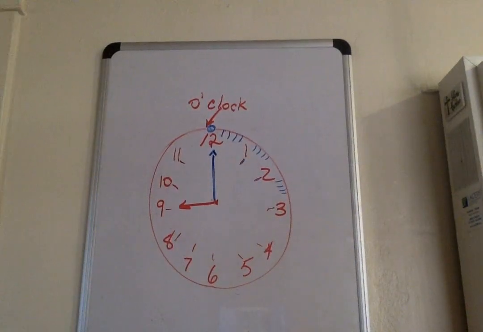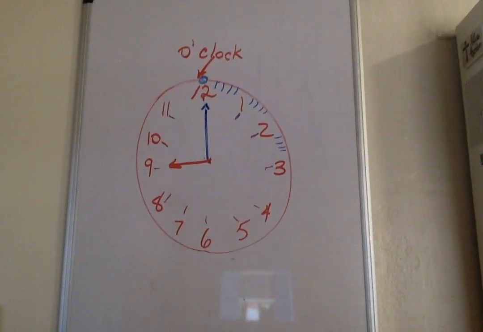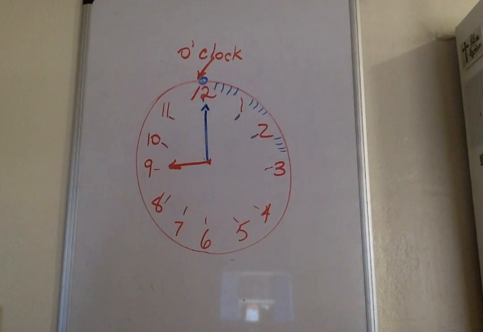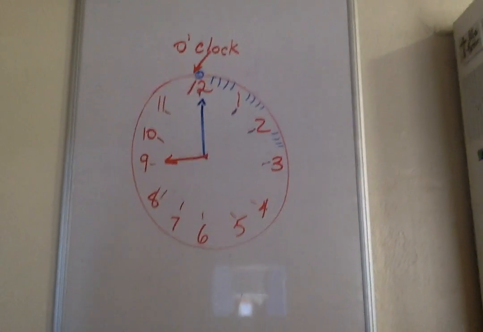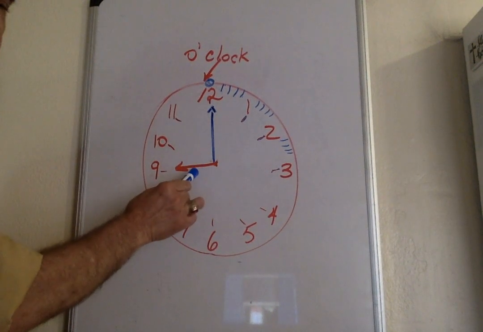Let's have a review from yesterday. Time. Okay, now if you recall, we said that this hand, which is the small hand, always tells us what hour it is.